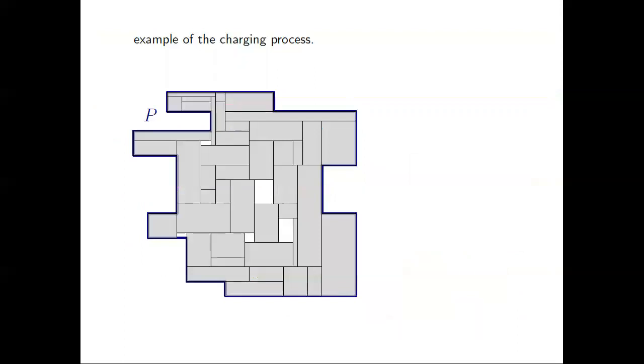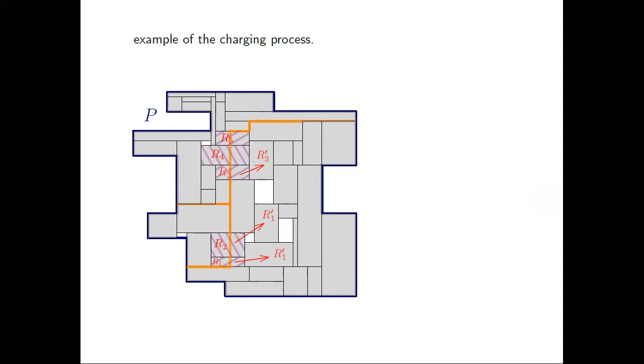And this is an example. Imagine this is our current cell, and in white is the empty space. And we cut like this. So these are the rectangles that are intersected, okay? So R1 charges R prime 1, okay?